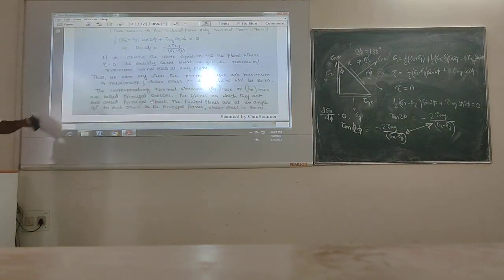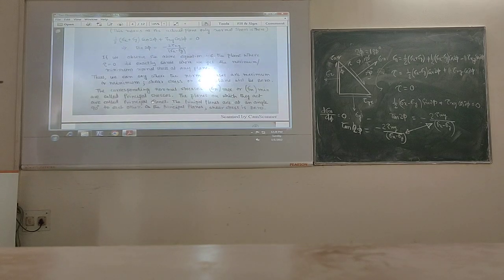So we can say where the normal stress is maximum or minimum, shear stress on such a plane will be 0. Okay. On the other hand, the corresponding normal stresses, that is sigma n max and sigma n min, are called principal stresses. The planes will be called principal planes and the stresses will be called principal stresses.